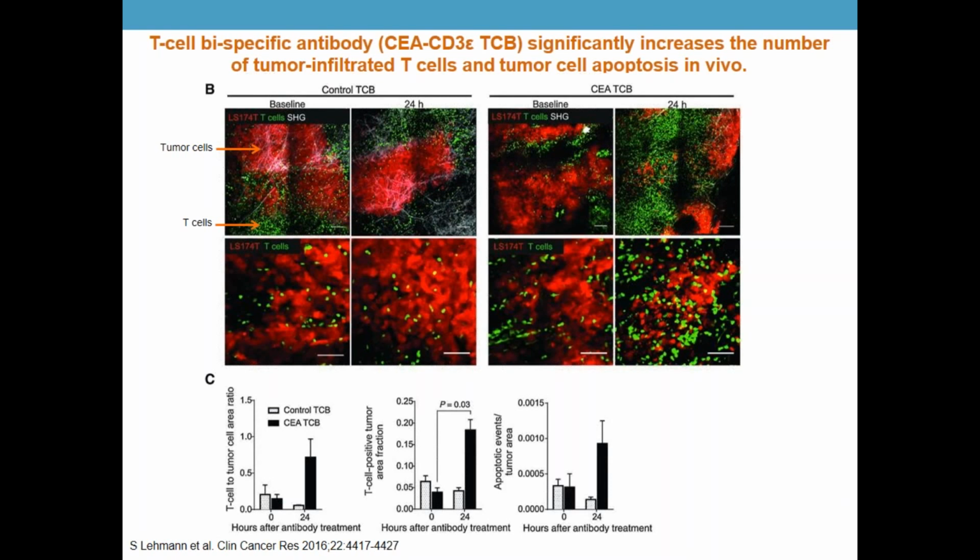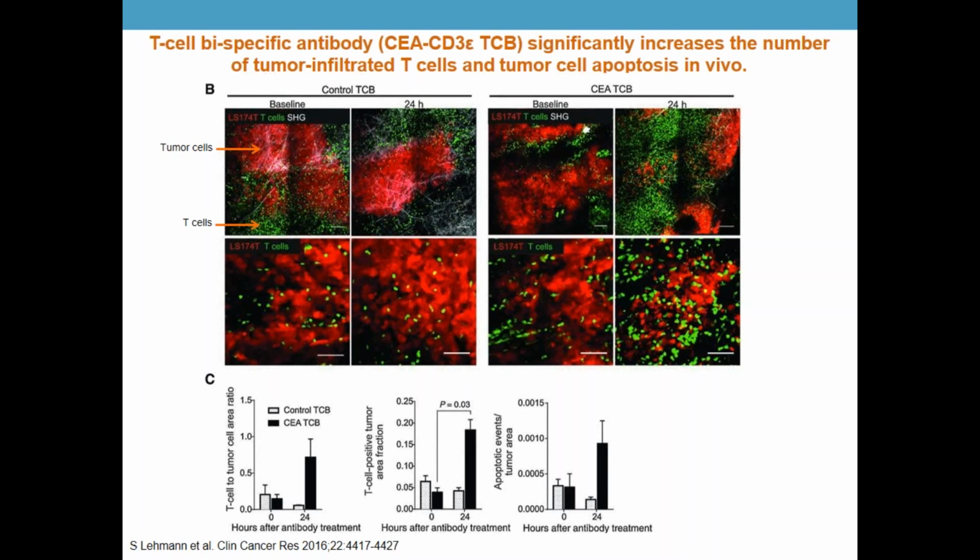immunoeffectiveness of the T-cells. So looking at the top left slide, this is basically a control. This is not the bispecific antibody. If you look top left, you see baseline. The red area are tumor cells, and the green area are T cells. On the top left, you see a low power view, and right below that, you see a high power view.